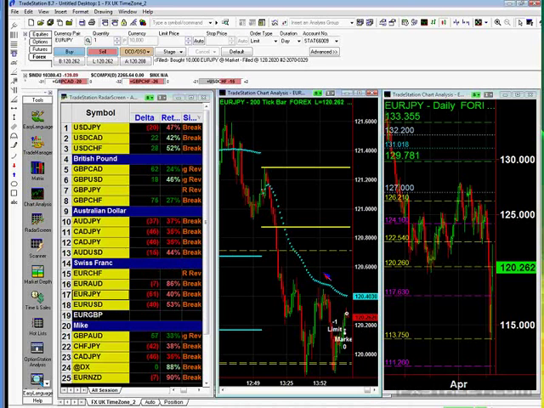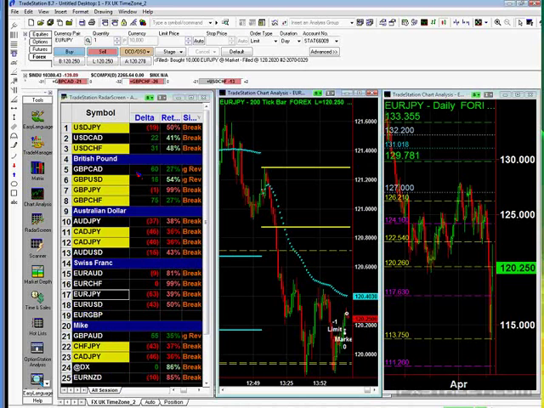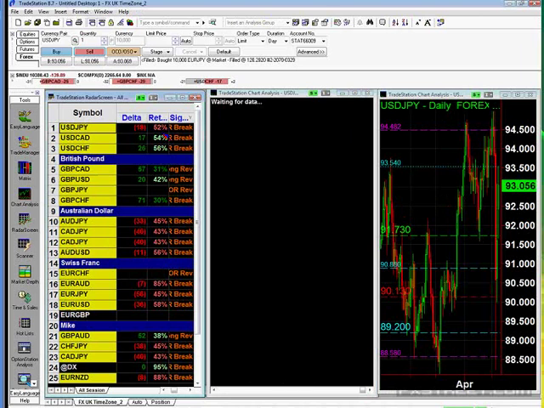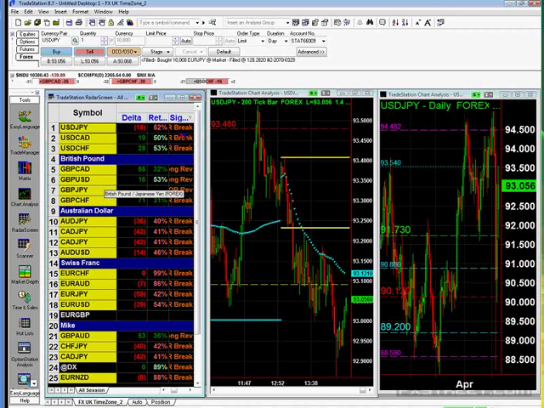The reason I closed the euro yen is, I want you to look at my radar screen. You see that the dollar yen came back over 60% of the move, retraced back 60%, and it's getting into a buy. You see that the pound yen is also coming back inside the range.